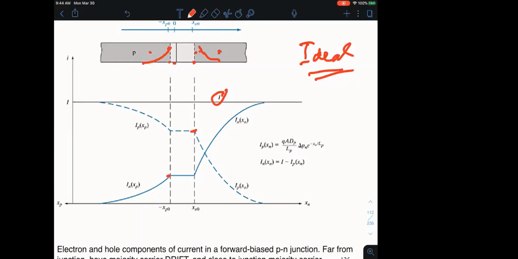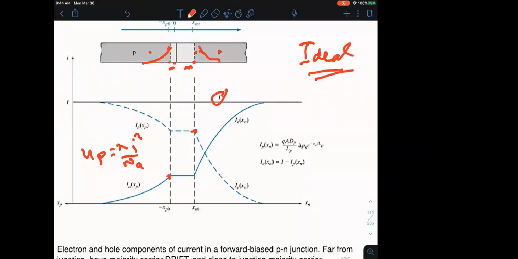You should be able to tell that in this particular cartoon, I'm assuming that the doping concentration on the p side is higher than on the n side. That's why this depletion region is narrower than this depletion region. And as a result, the minority carrier electron concentration n on the p side, which will be ni squared over Na, is going to be less than the minority carrier hole concentration ni squared over Nd on the n side.